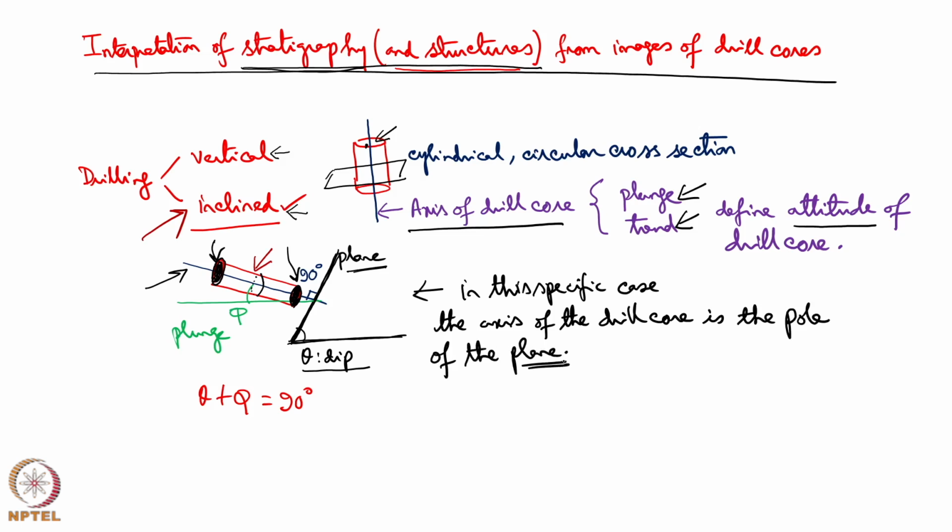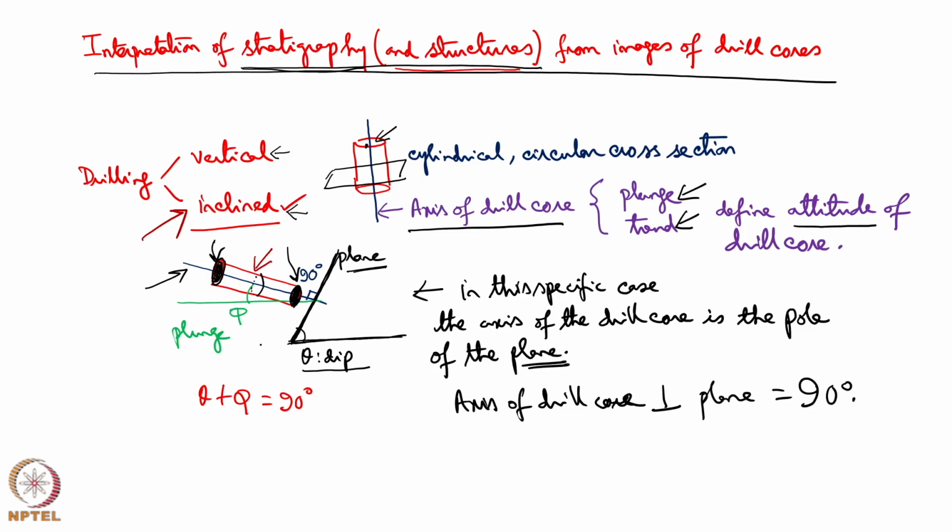Which plane? A plane that is making circular intersection on the drill core. So, naturally we can say that the angle between the axis of the drill core and that specific plane is 90 degrees, which is shown over there.